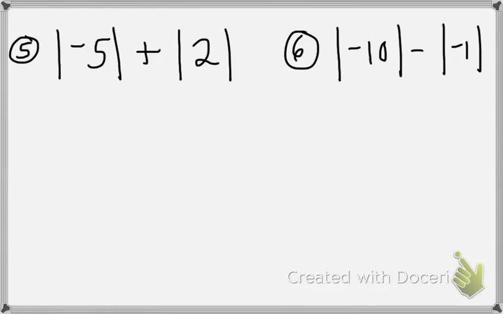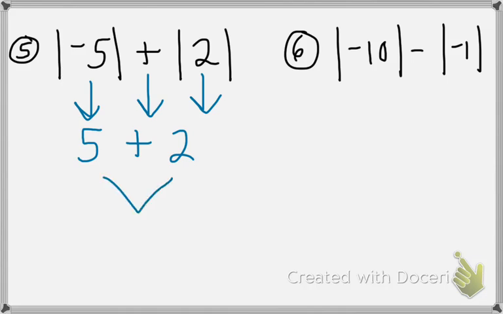Now here are absolute value problems with operations. So the first thing that you do is you find the absolute values. So the absolute value of negative 5 is 5. Bring down the operation, which in this case is addition. The absolute value of 2 is 2. 5 plus 2 is 7.